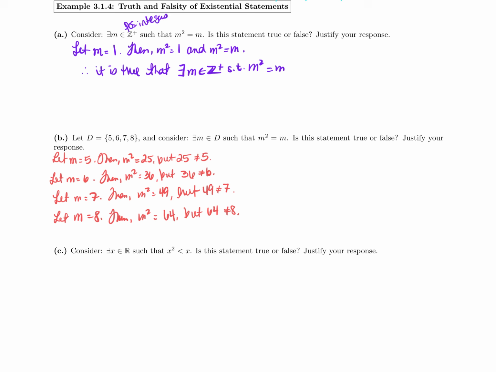We use the method of exhaustion to show that an existential statement is false. And in this case, we would say, therefore, it is false that there exists some M in our domain D such that M squared is equal to M. It is false.